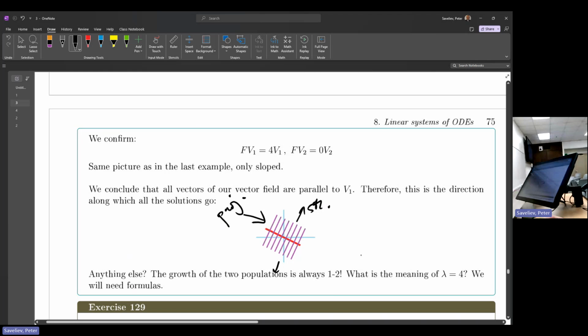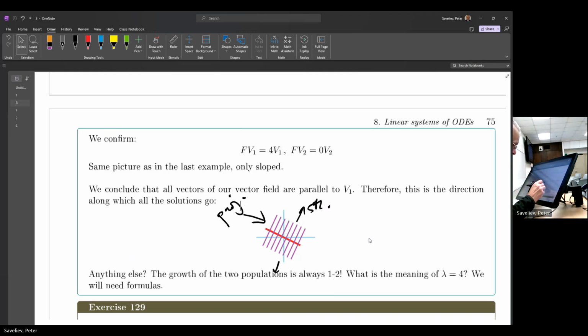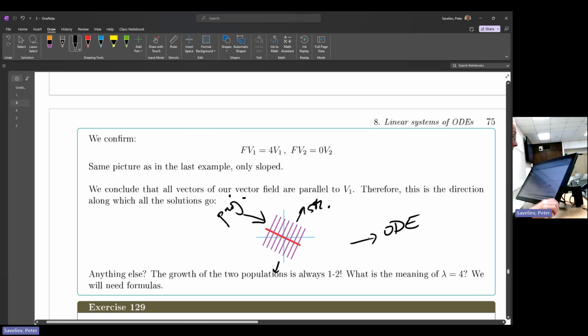So what does it do to our differential equation, based on this?